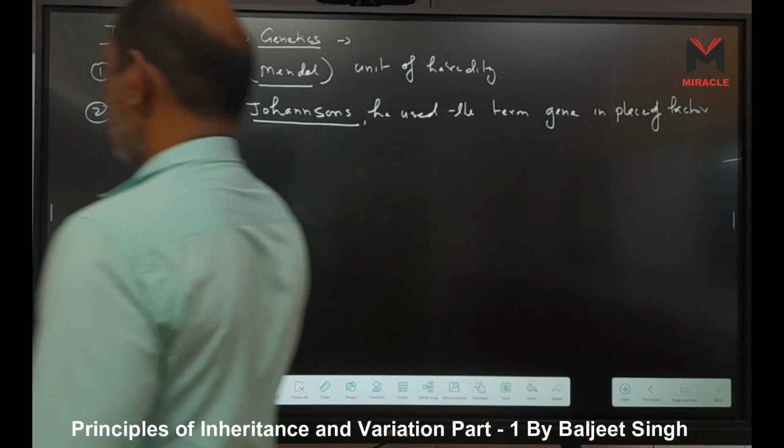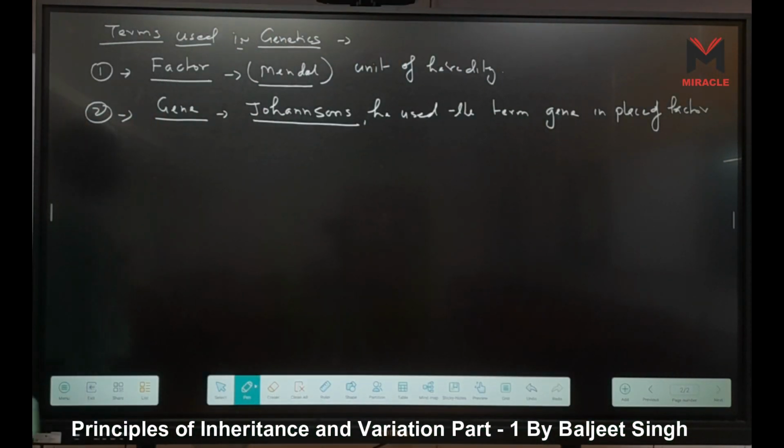Johannsen used this term gene, and now gene is the unit of heredity. What is gene? It is the unit of heredity, right?